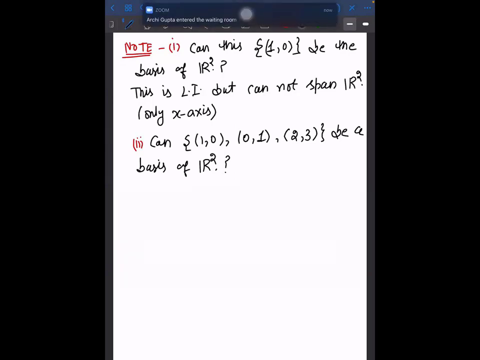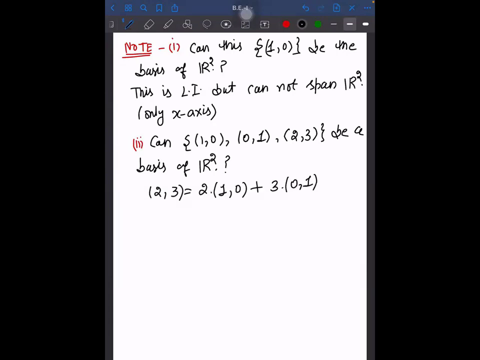Because in the last lecture, I told you if any vector of a set can be expressed as a linear combination of its other vectors, then the set cannot be linearly independent. So you see this, your (2, 3) can be written as 2 times (1, 0) plus 3 times (0, 1). So it cannot be linearly independent. In other words, we can also write that 2 times (1, 0) plus 3 times (0, 1) minus 1 times (2, 3) is equal to 0.